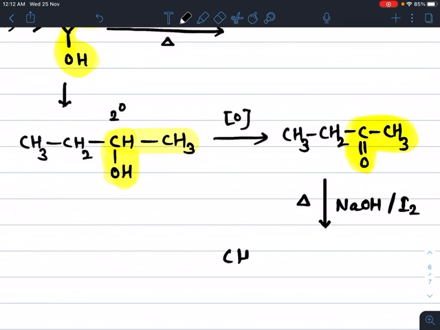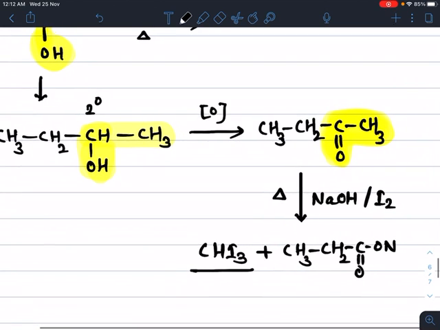So the CH3 group is converted into the yellow precipitate of iodoform, plus a byproduct, CH3CH2CO combined with ONa.